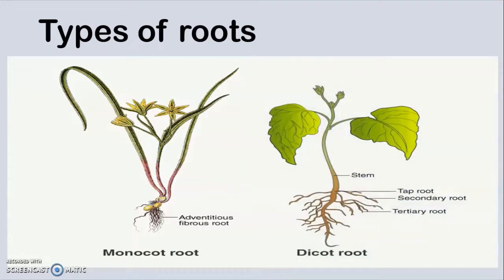And then the second one is the dicot root. From the stem and to the root, the tap root, and then the secondary roots and the tertiary roots. Okay, this is the tap root example, and then the first one is the fibrous root. Okay, don't forget that.